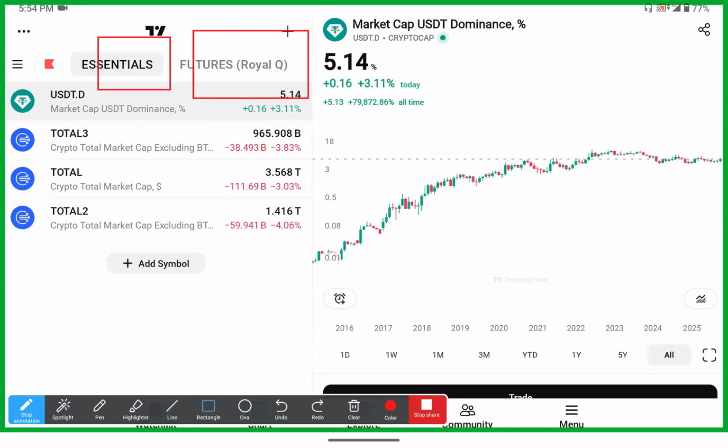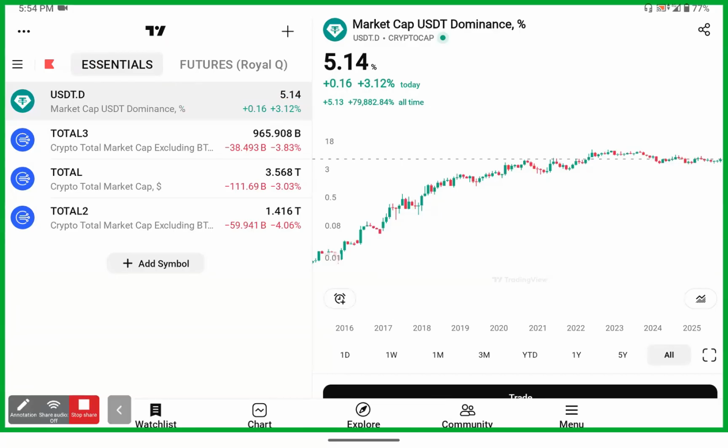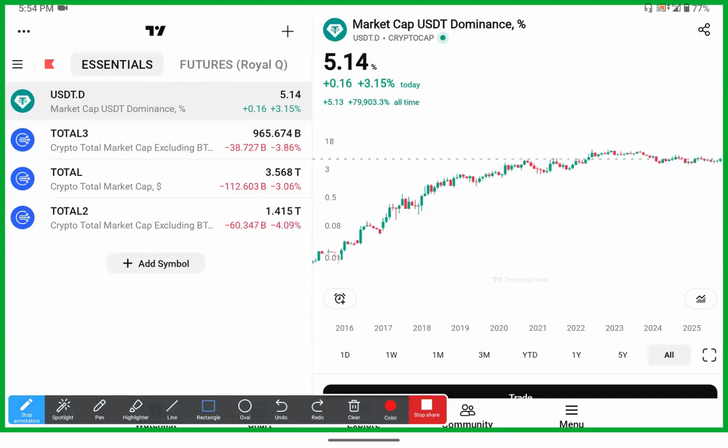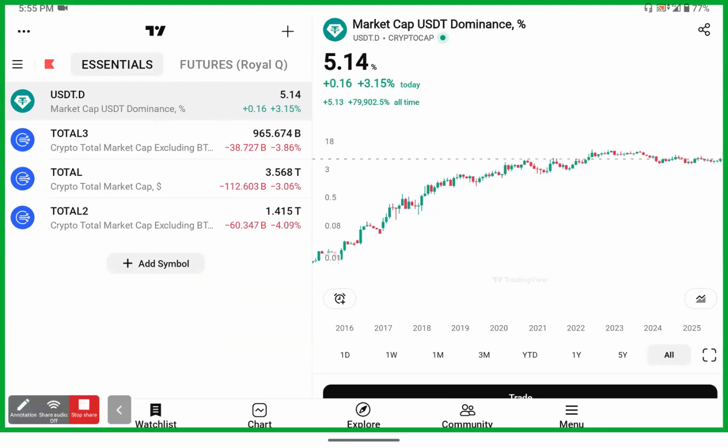You will just find the first symbols arranged below, and you will not be able to separate them. But there's no problem with that, as long as you are able to access the assets you want to analyze.